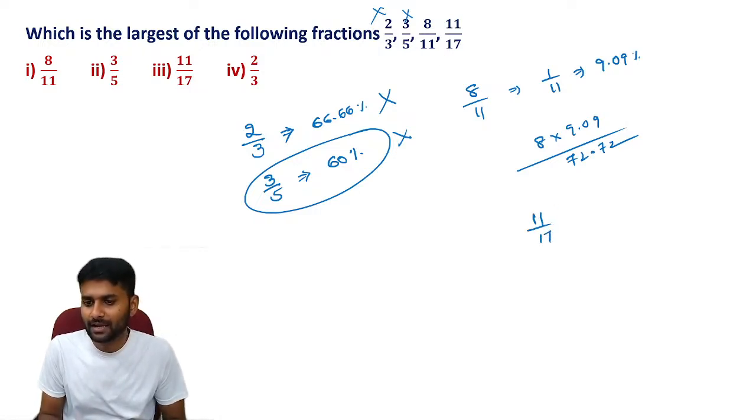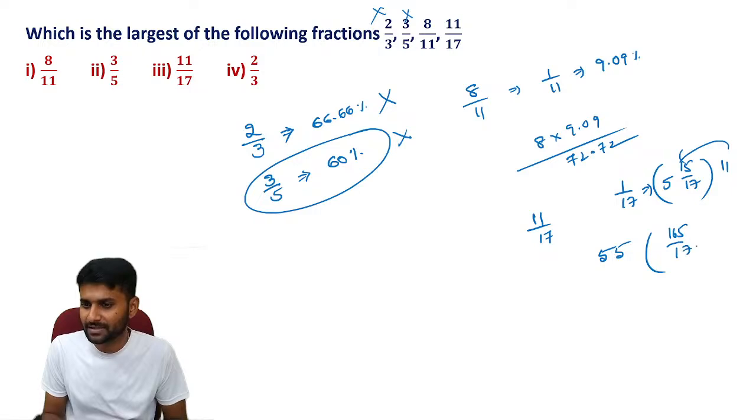Now 11 by 17. So 1 by 17 means 17 times 5 is 85, so 15 by 17. Now you have to multiply with 11 times for the further calculation. 15 into 11 is about 165 by 17.